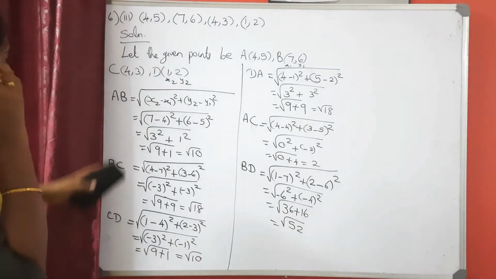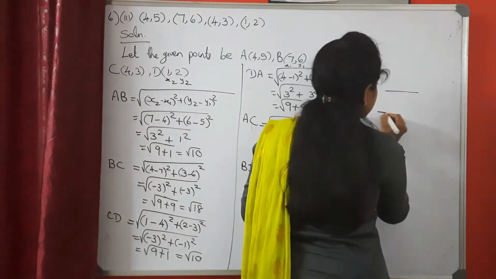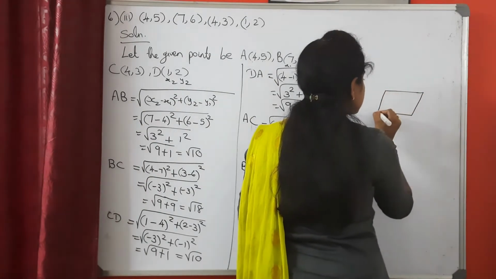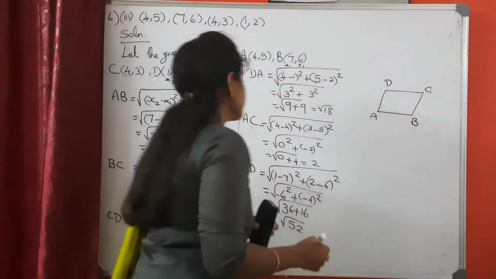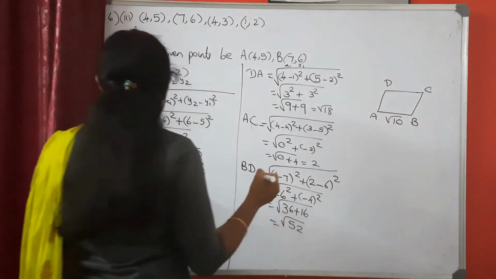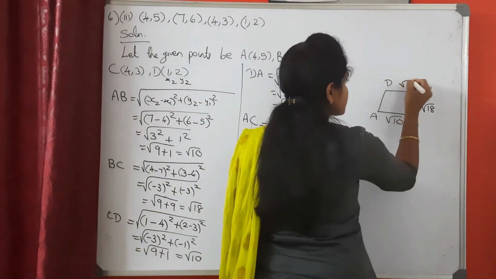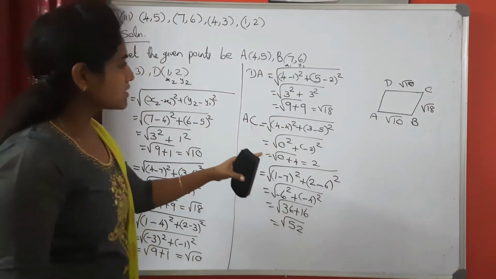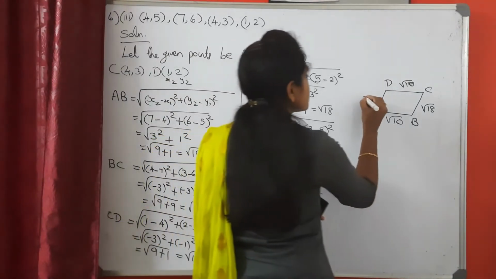Now we check. See what you got. A, B, C, D. Here you got AB equal to root 10 and BC equal to root 18, CD equal to root 10, DA equal to root 18.